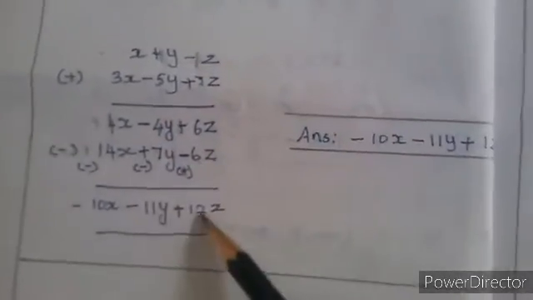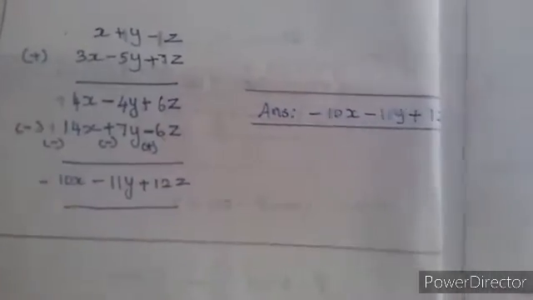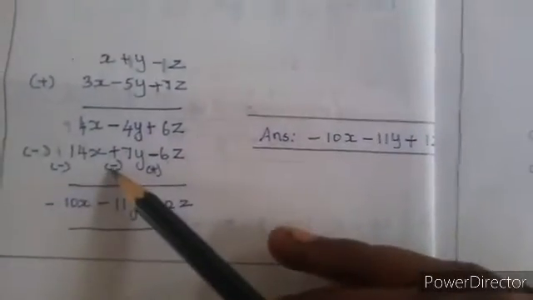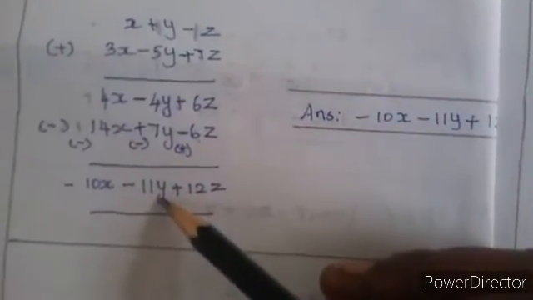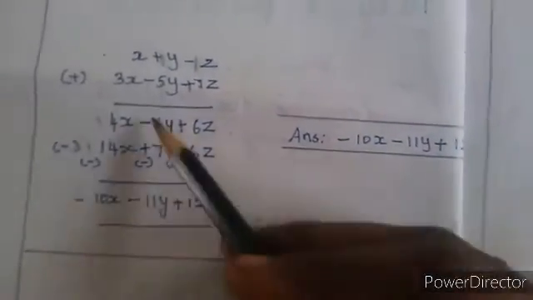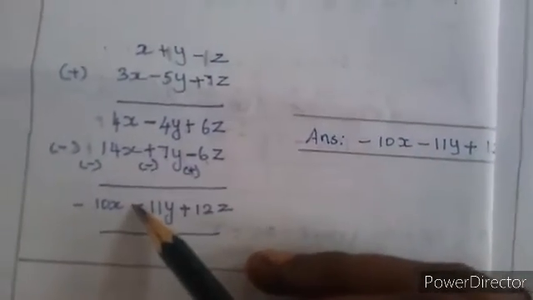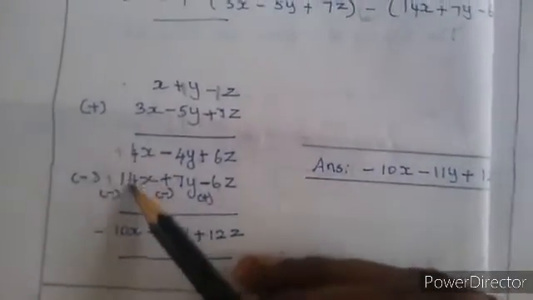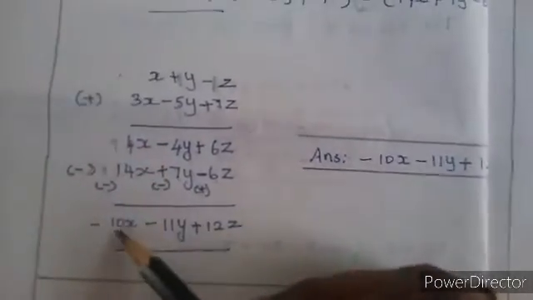Now plus into plus, you have to add these two terms. 6 plus 6, it is 12. And minus into minus, you have to add. So 7 plus 4, it is 11y, and the greater term is 7y, the sign for that is minus. Same like that, minus into plus, we have to subtract these two numbers. 14 minus 4, it is 10.